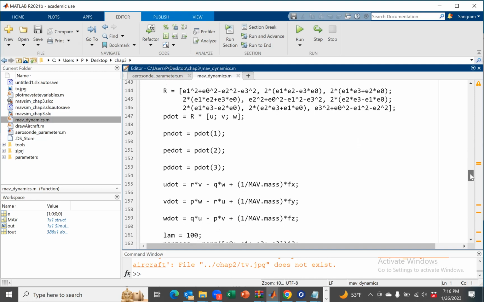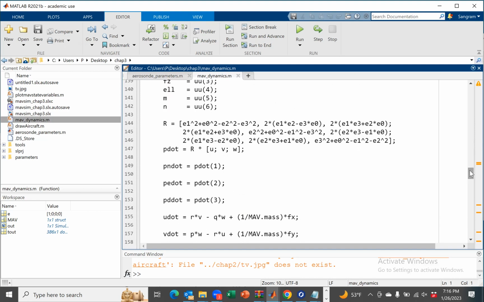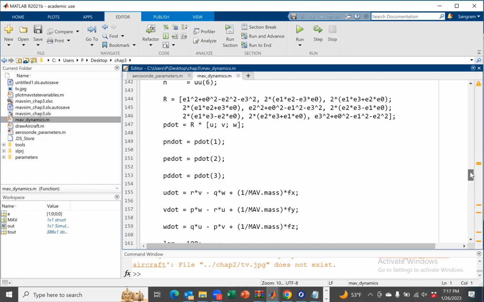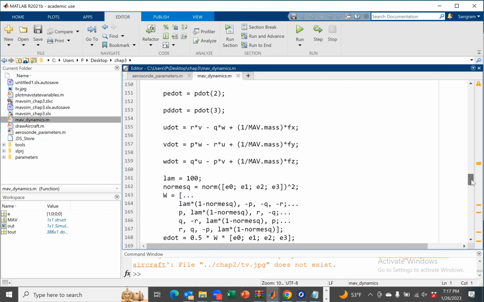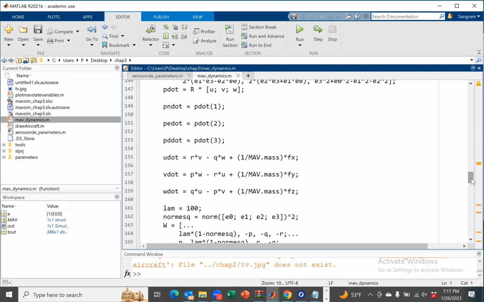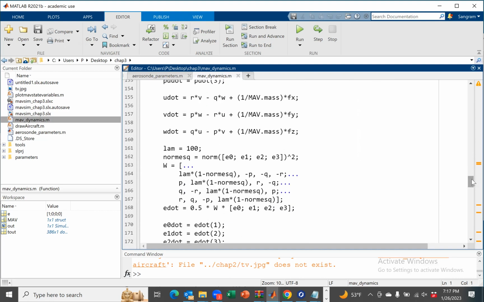And then these are the next three set of equations. Can you see that? Can you see that 1 dot MAV dot mass, 1 dot MAV dot mass? These are the same equations that I talked about. Yeah, take a picture. Everyone got a picture? Now this lambda value is that optimization parameter for the cost function, because we want to normalize the quaternion at every step.